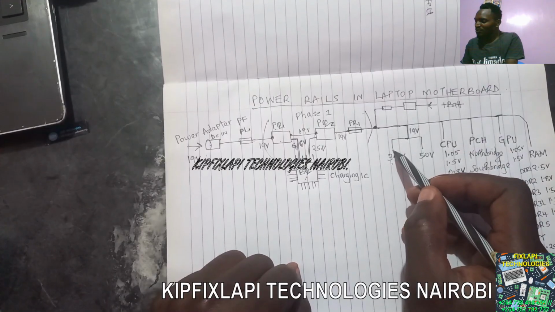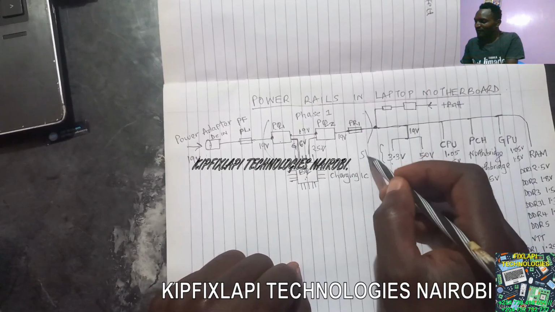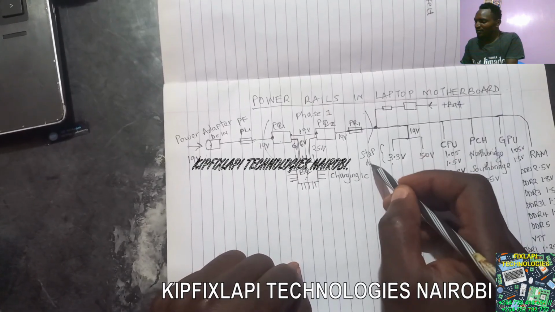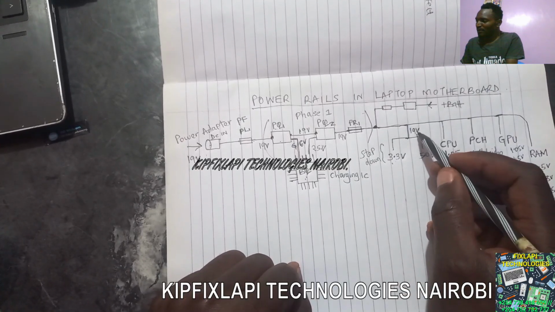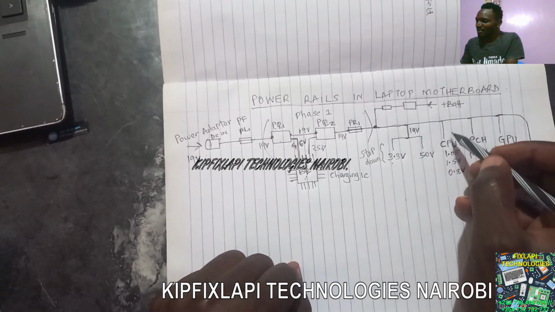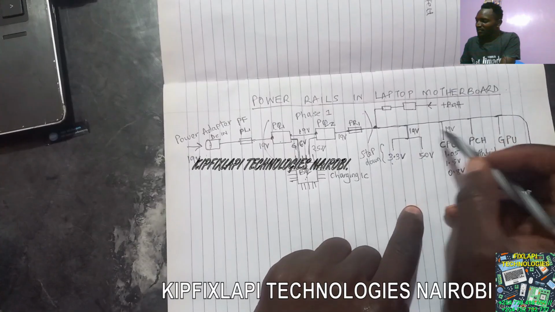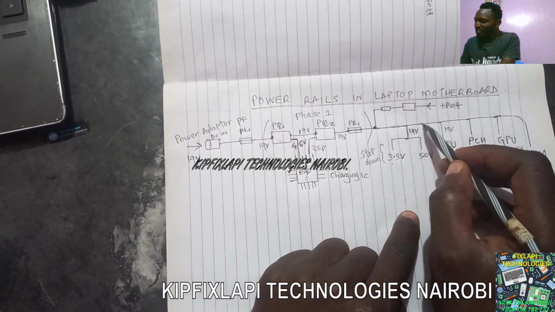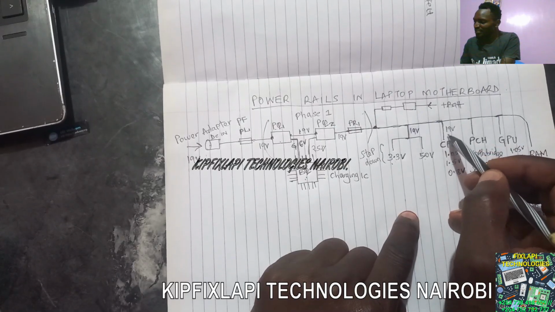Then you have a circuit which steps down that power. So this is the first step for the step down power. This one steps down power from 19 to 3.3, and this circuit steps down power from 19 to 5.0. Same case here, you have main power which is still 19. This power is going along these rails, then it branches to the CPU when it is 19.